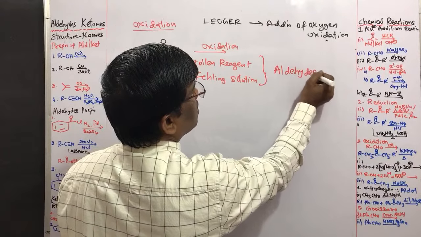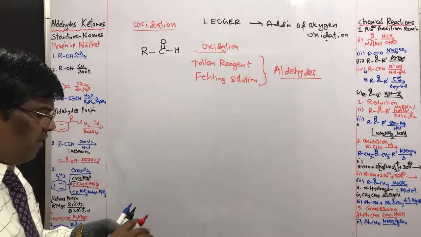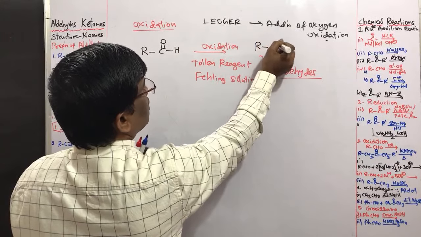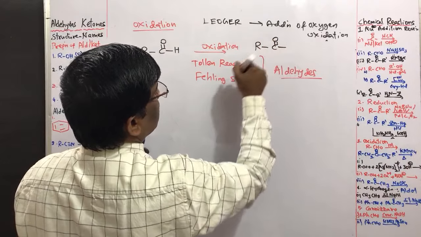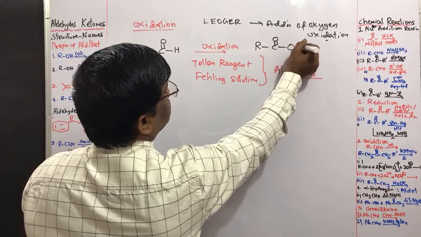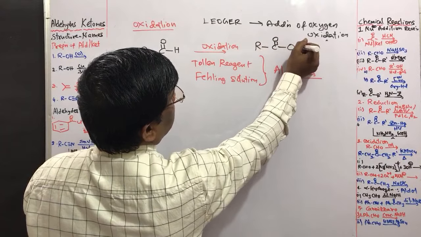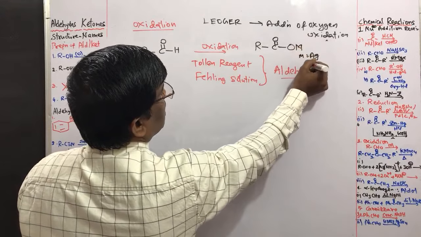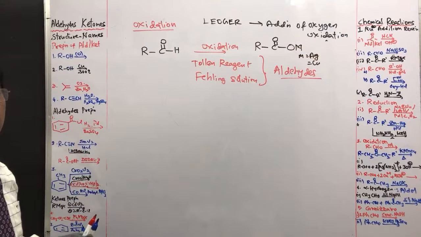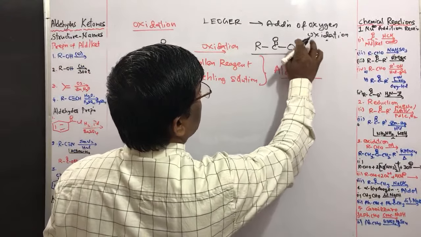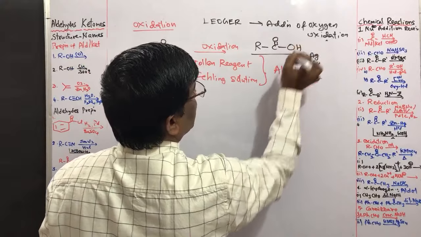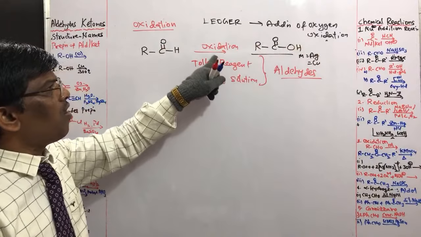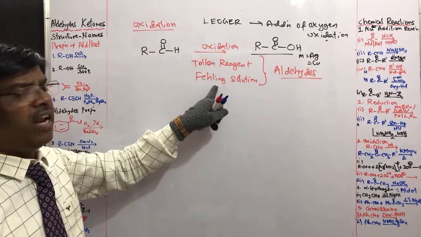Only aldehydes undergo these reactions to give carboxylic acid salts, where in Tollens reaction you get the silver salt, and in Fehling's solution you get the copper salt; I can write the metal as M, where M equals silver in Tollens reaction and copper in Fehling's. When I do hydrolysis I get the acid. So aldehyde to acid takes place in the presence of oxidizing agents, Tollens reagent or Fehling's solution.